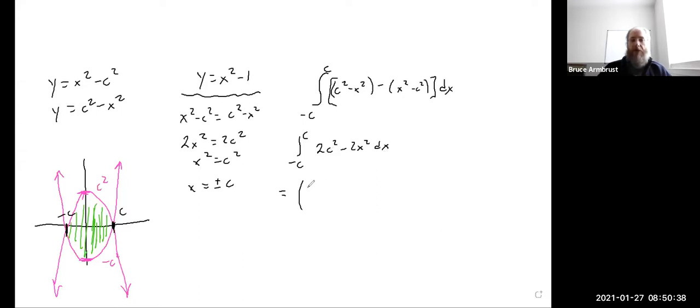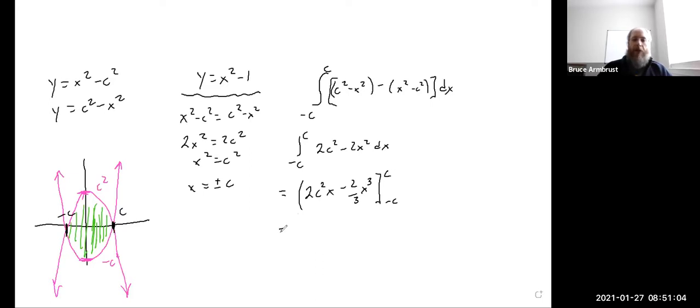So c is a constant, which means 2c squared is going to give us 2c squared x, right? It's the same as integrating 2 or 50 or whatever. You're going to get that many x's. This one, though, does become 2/3 x cubed. So we add 1 to the exponent and divide.